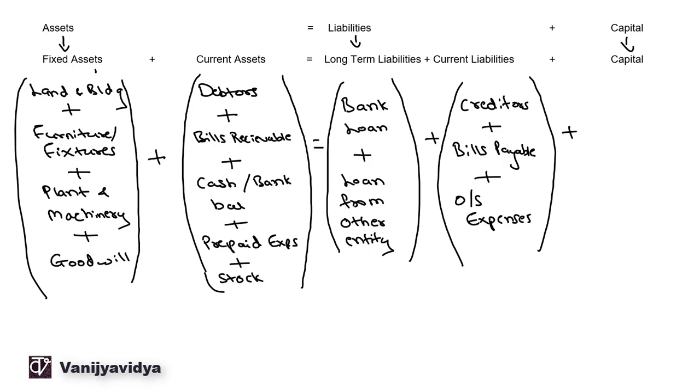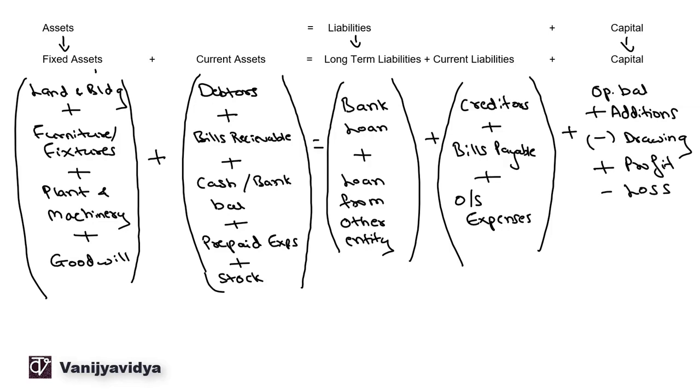Now capital can be bifurcated as your opening balance of capital, that is balance of the capital which was there at the beginning of the period or the beginning of the year, plus any additions in the capital if the owner has introduced any new capital, less drawings plus profit minus loss.